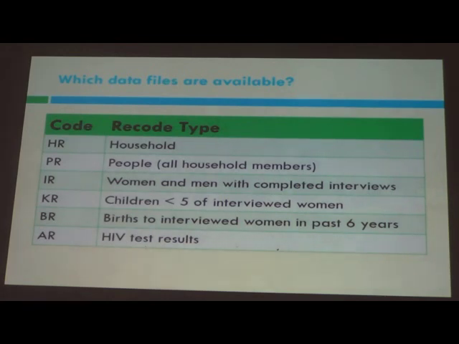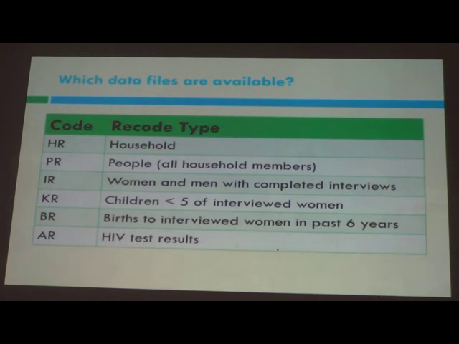You have the HR, the household record, and the PR, the people's file. That means all household members file. And then there is an IR file, which is women and men who completed the interviews, a category of people aged 15 to 49 years.